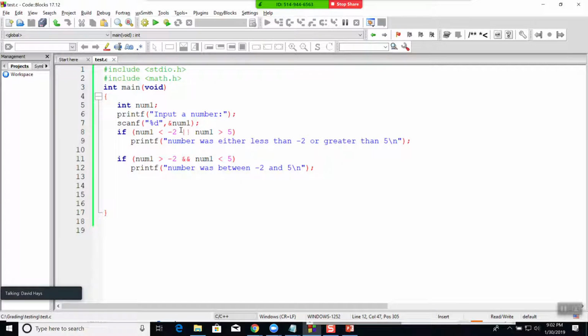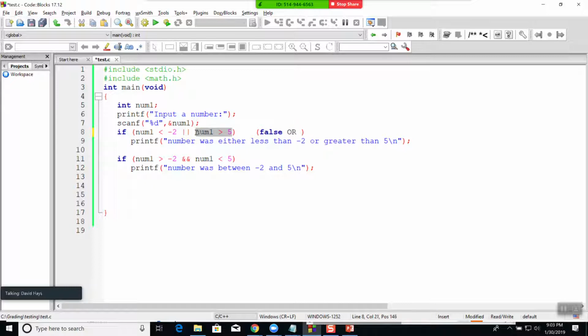What this is doing is it comes here and checks this. If I put 0 in, is 0 less than -2? It's not less than -2, is it? That would be false. The 2 pipe symbols there represent the OR.